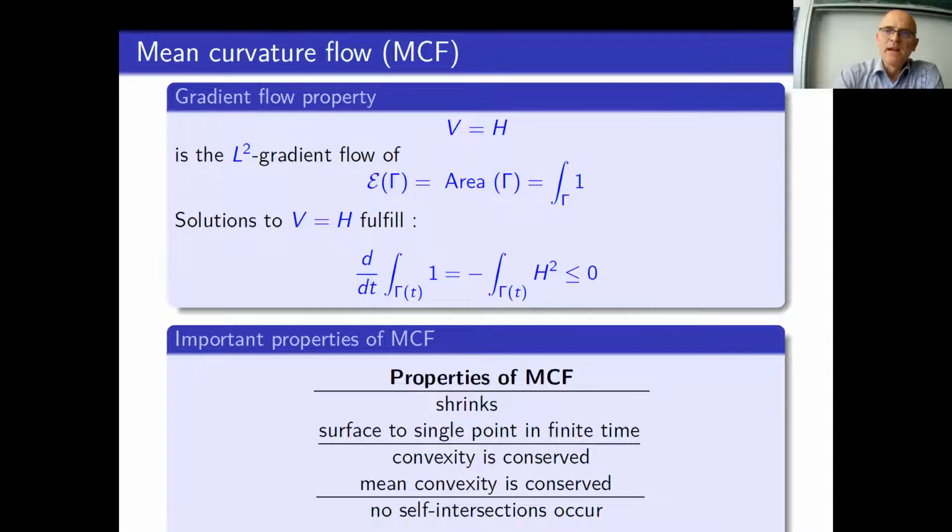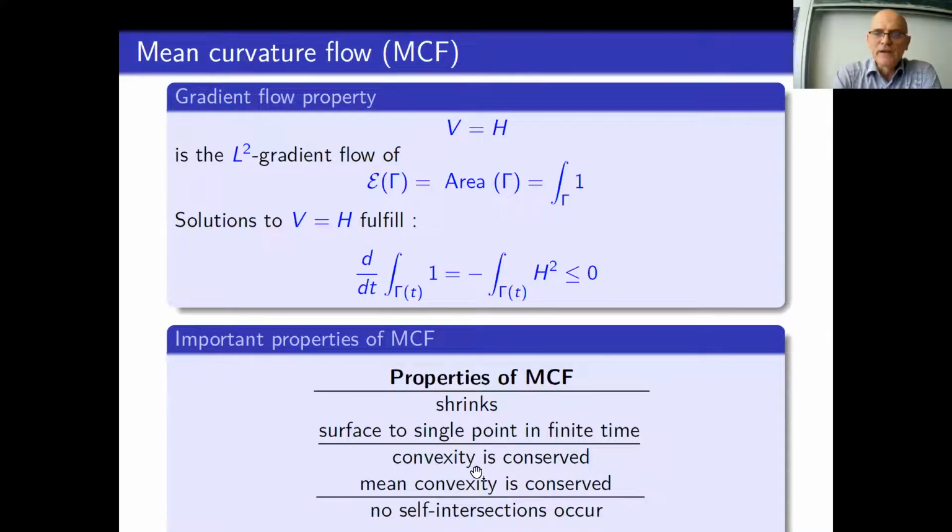And I review some important properties of mean curvature flow. As we have seen, the surface typically shrinks, and let's say it's initially convex, it will go to a single point in finite time.